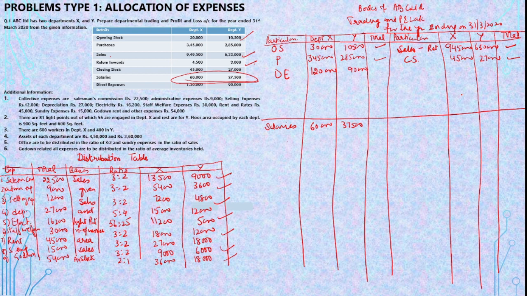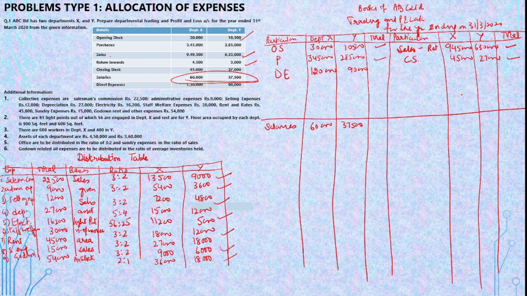Now all the components are done with, so just total up the 2 sides and find out the gross profit. Like for X department, total of credit side is 9,90,000, total of debit side is 4,95,000. So your difference is 4,95,000, the amount of gross profit.